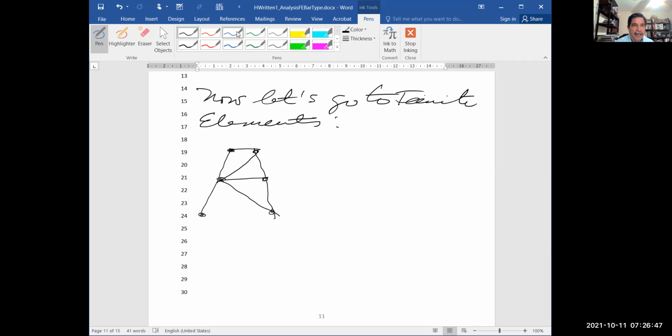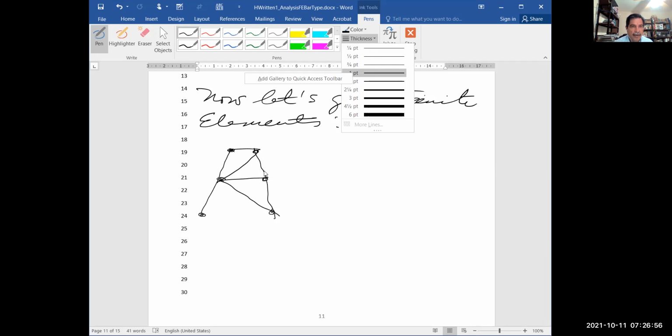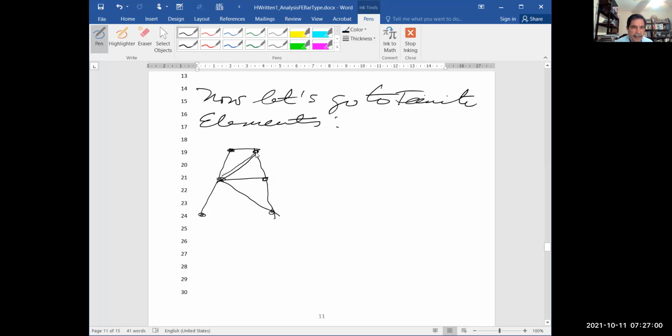Okay, so let's start by saying we're going to take this element, and we're going to take it independently.